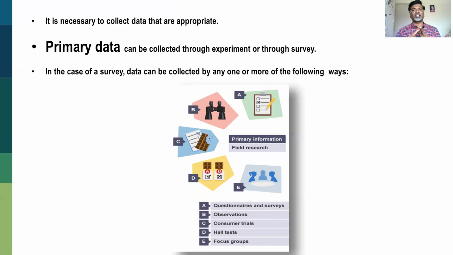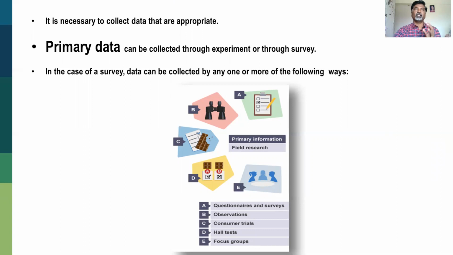Primary data is called first-hand data, which you collect from the respondent by asking questionnaires, by observation, by consumer trials, by hall tests, by conducting interviews, or by focus group discussions. The data you collect this way is called primary data.